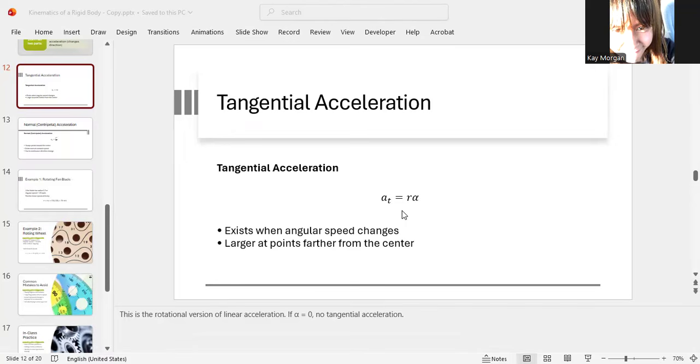Your regular one is just a, with the subscript T, and alpha is your angular acceleration. So don't forget, this is your angular acceleration, and this is your tangential acceleration. And we call the tangential acceleration the regular acceleration.